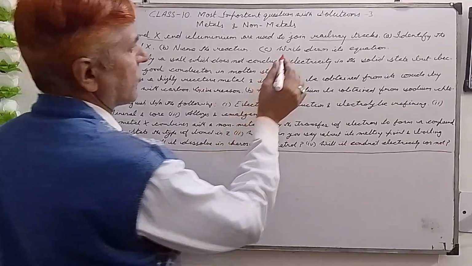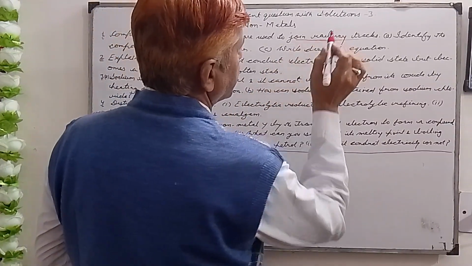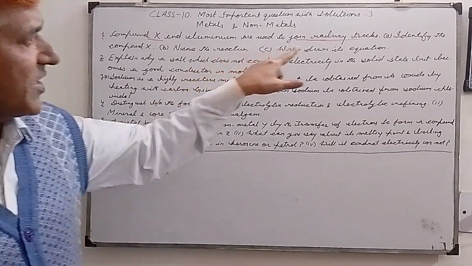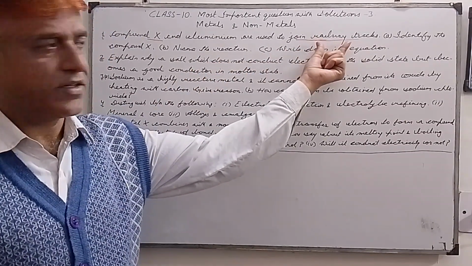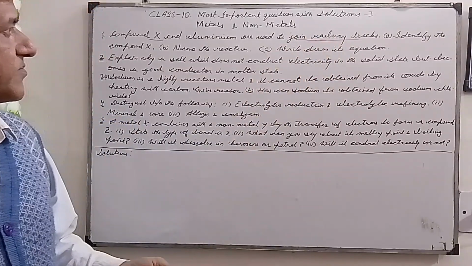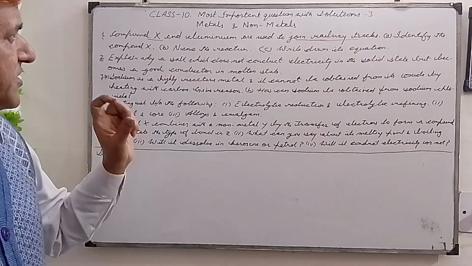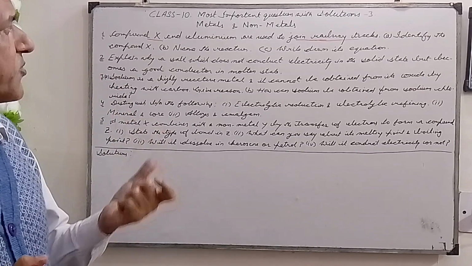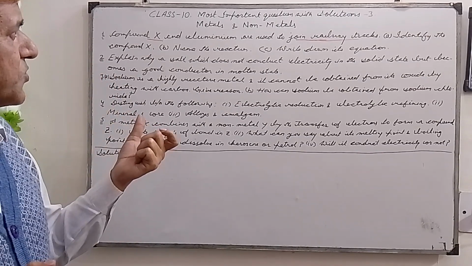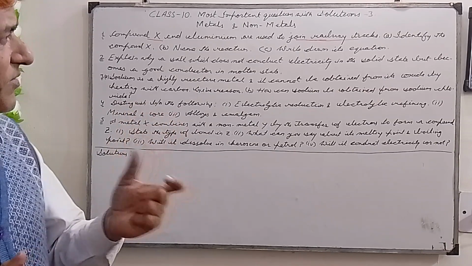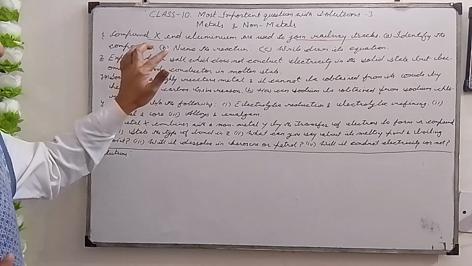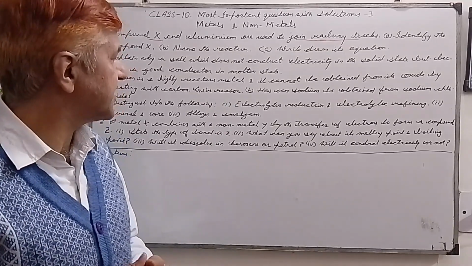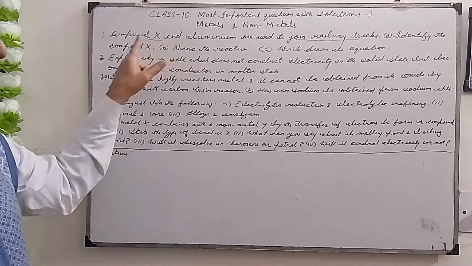So my dear students, always remember that to join railway tracks there is a process, and the name of that process is the Thermit process. The Thermit process is used to join railway tracks. The two chemicals which we use in this Thermit process are aluminium and iron oxide.